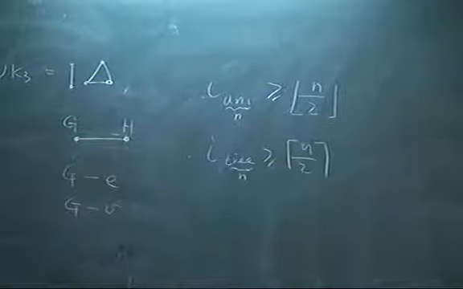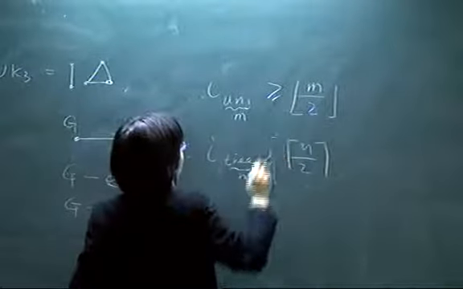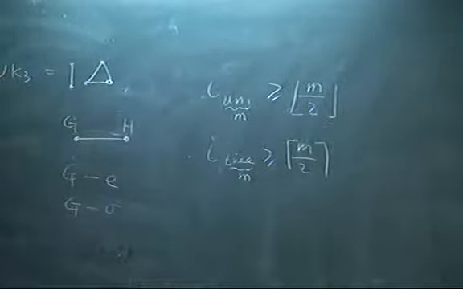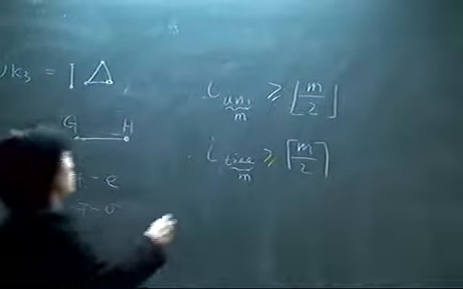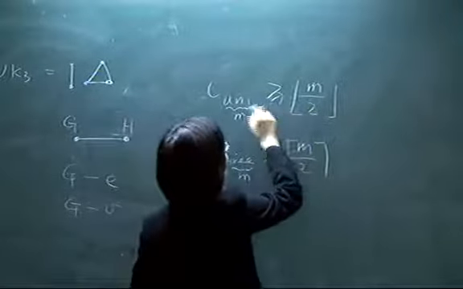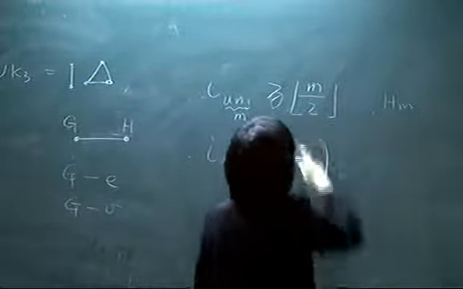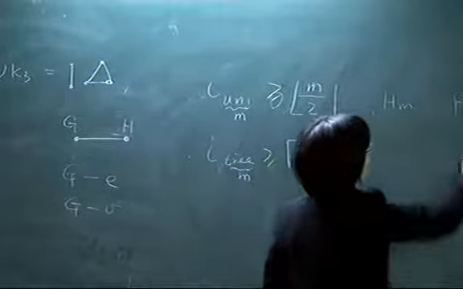So if we have m, it should be m. For unicyclic graphs, I differentiated notations. If this equality holds, then I denoted this component as H_m. In the other cases, for inequalities, I denoted the component by F_odd m.